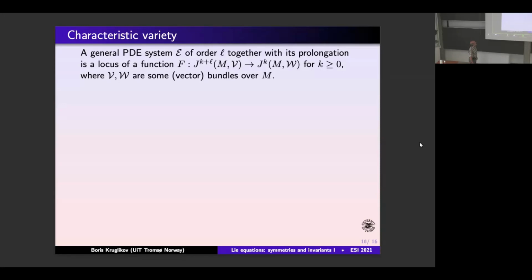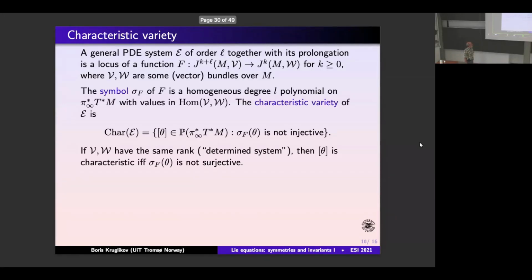So that's equivalent to a map from k plus l jets to k jets, and the equation gives this map for k equal to 0, and prolongations give you it for greater k. I take a more general context when both things are vector valued. So there are two bundles V and W. We may assume linear, not to write tangents everywhere.